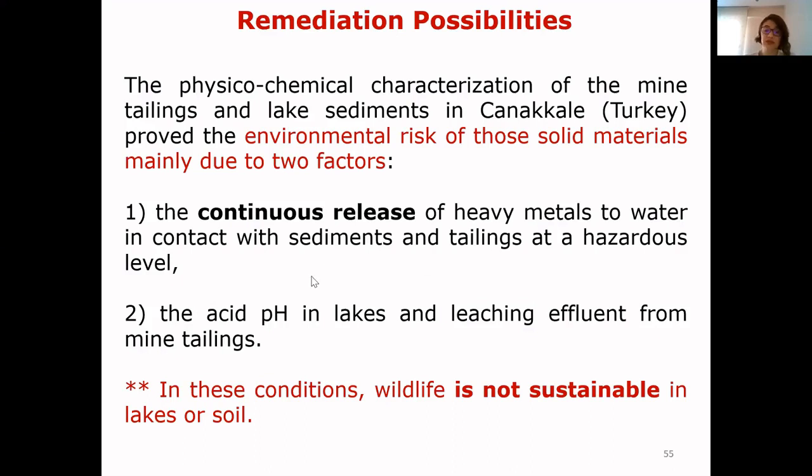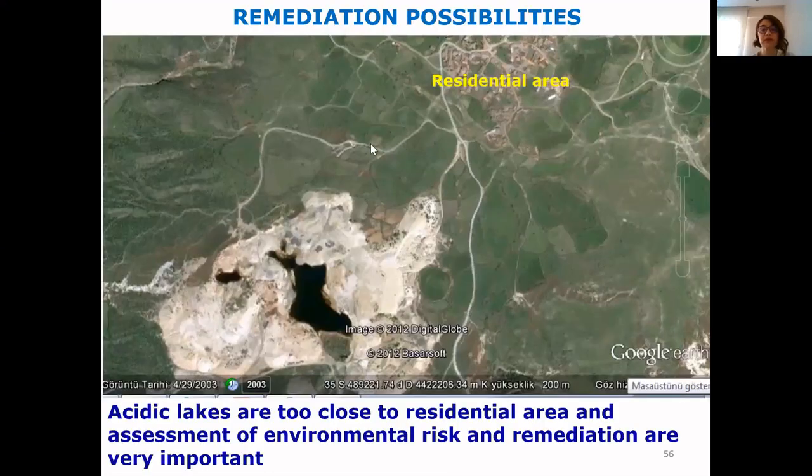Of course, in these conditions, wildlife is not sustainable in lakes or soils. Here we can see the risk easily from this satellite image. This is the mining area. It's very close to residential area. And it's very dangerous for humans and also animals.